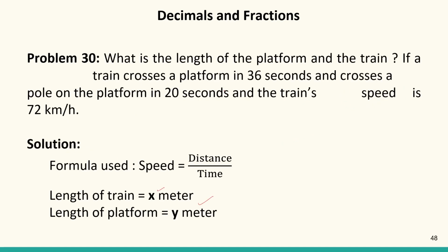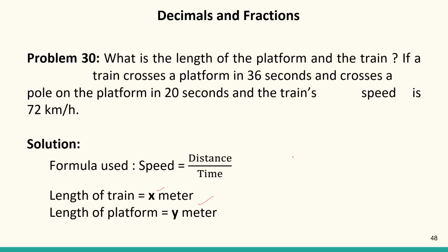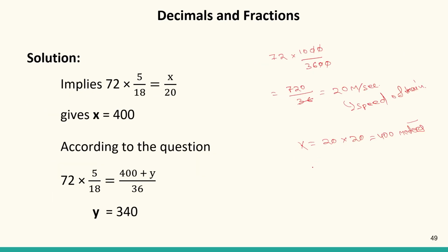It took 20 seconds to cross the pole. So x is equal to 20 into 20, that is 400 meters. This is the length of the train. Sorry, this is x, right? And it took 36 seconds to cross the platform. So the total length is equal to 36 into 20, that will be equal to 720 meters.